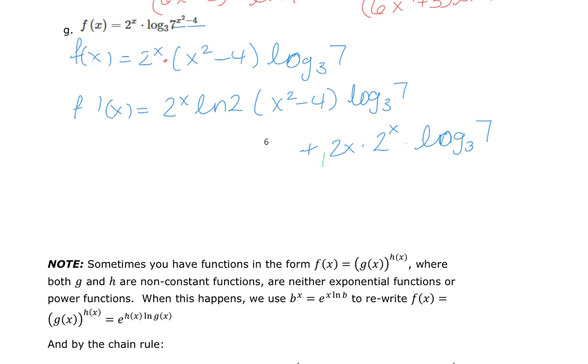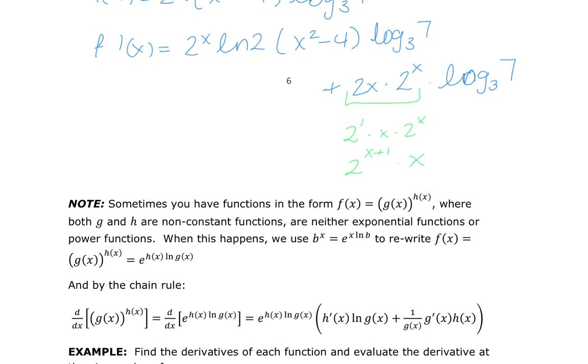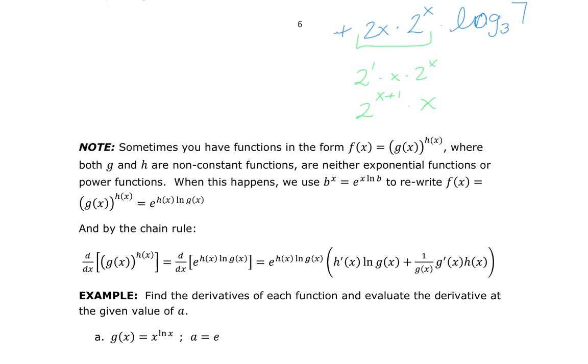This is 2 to the 1 multiplied by x multiplied by 2 to the x. Now the 2 has the same base, so I could write this as 2 to the x plus 1 and then multiplied by x if I was inclined. May be worthwhile, may not be worthwhile. In Calc 2 it'll be worthwhile, but right now, it's okay.